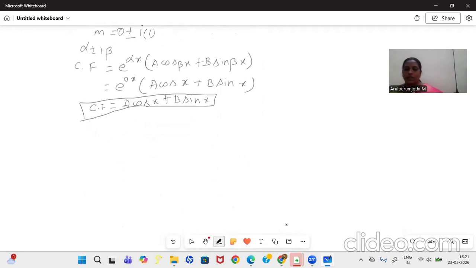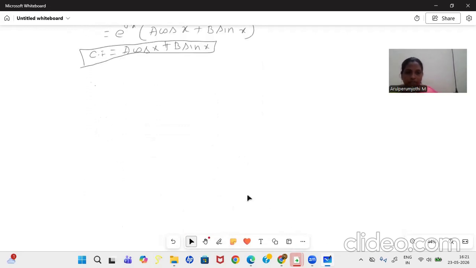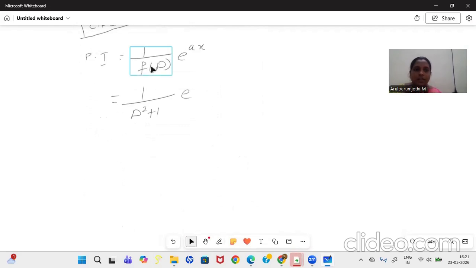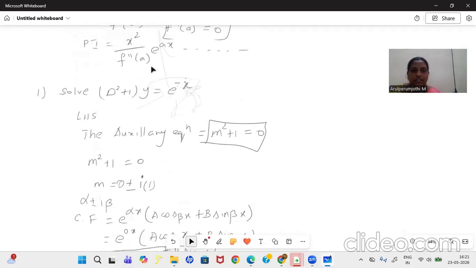Okay. So now we are going to find the particular integral. What is the general form to find the PI? PI is equal to 1 by f of d into e power ax, because it is in e power ax form. Replace d by a. First I'll write what is f of d. It is d square plus 1 into e power, what is the right hand side of the equation?